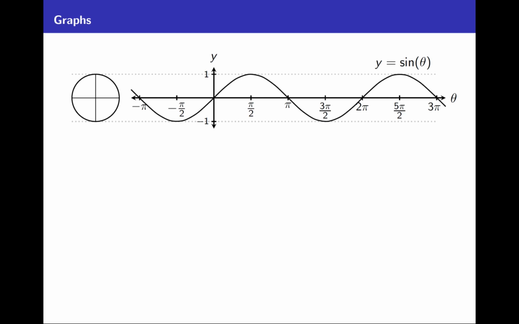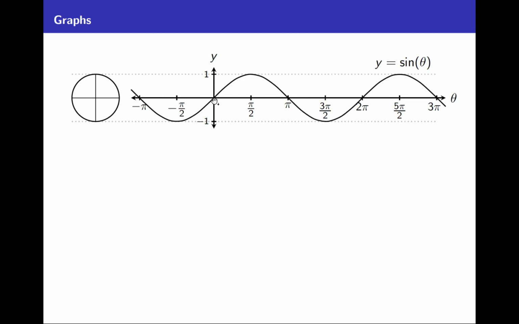Next, I want to talk about graphs of sine and cosine. They have interesting graphs. First, the graph of sine of theta. It goes up and down and oscillates as indicated here. And think about how that makes sense. The unit circle is just for reference here. As you go from 0 radians to pi over 2 radians to pi radians, sine increases from a y-coordinate of 0 to a y-coordinate of 1 at pi over 2 to a y-coordinate of 0 at pi.